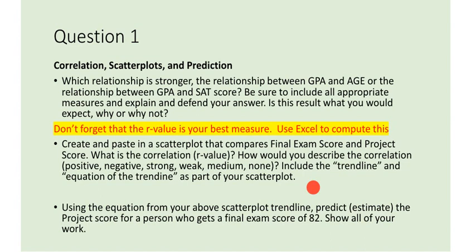Be sure to include a trend line and the equation of the trend line as part of your scatter plot. To review this, please go back and review that unit. The equation from above your scatter plot predicts or estimates a project score. So predict it for a person who gets a final exam score of 82, and be sure to show your work there.